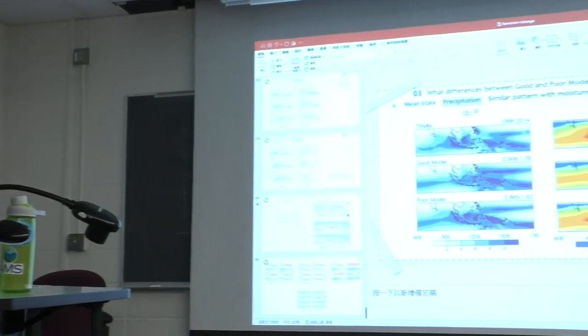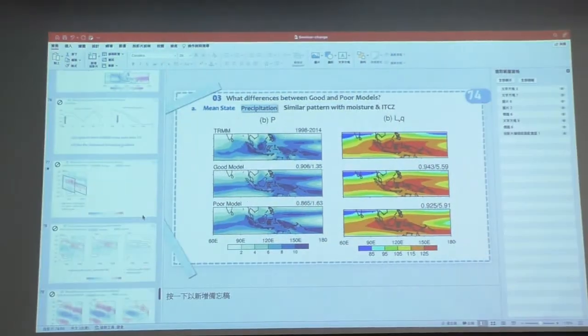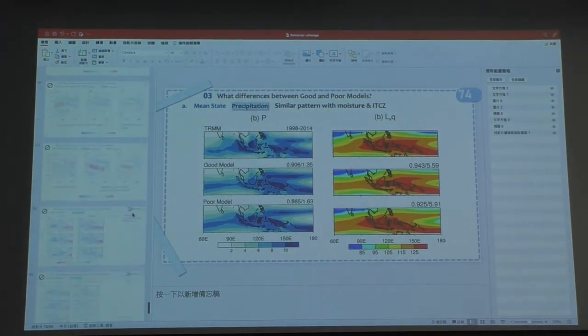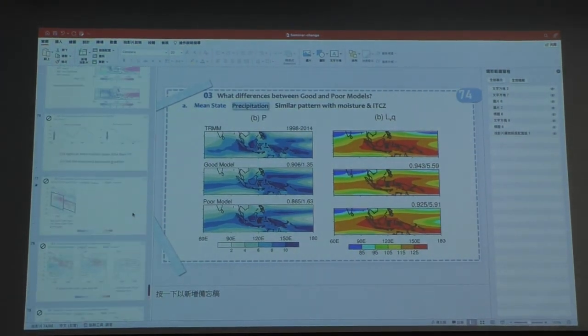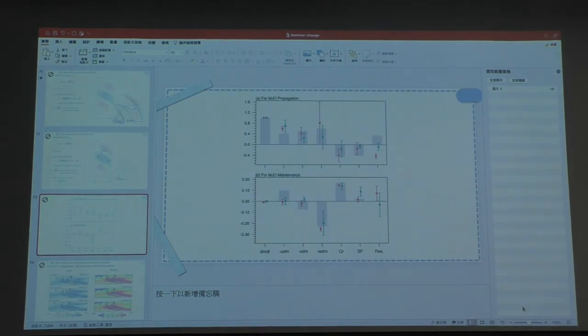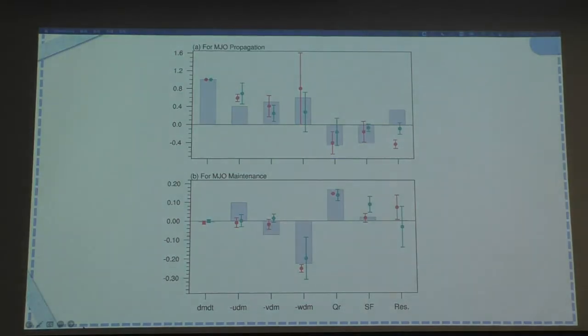We project the MSE budget onto the MSE tendency term, and we can see which term in the MSE budget is more important, or contributes more to the MJO propagation. If we project onto MSE itself, it is for MJO maintenance.